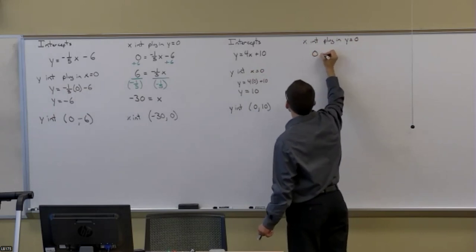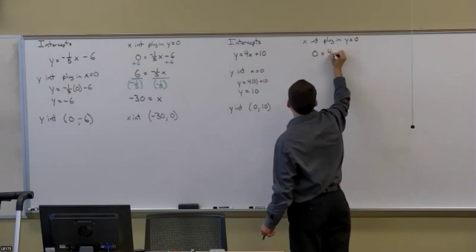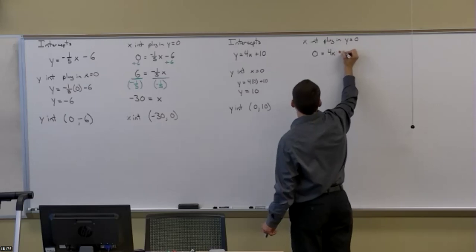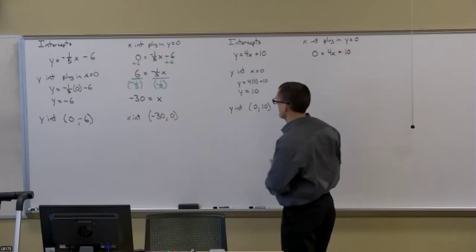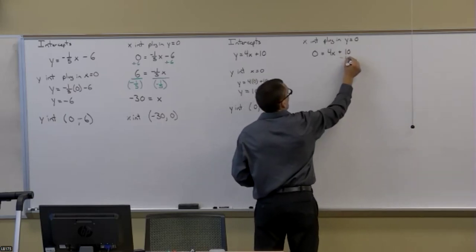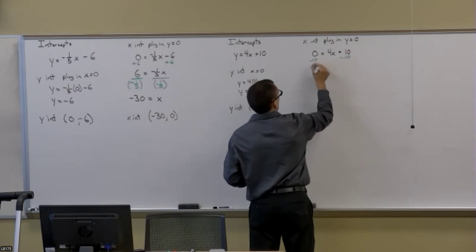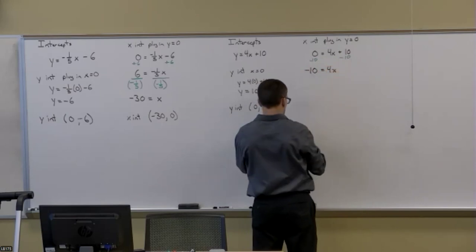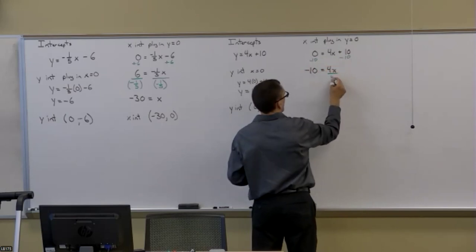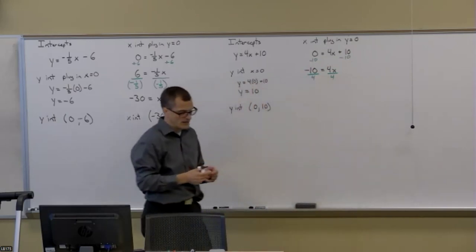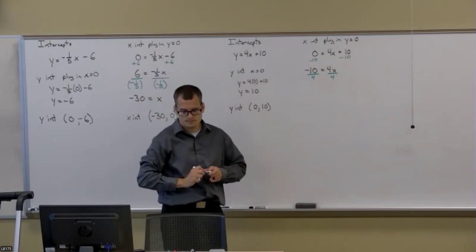If I'm looking for the x-intercept, I have to solve the equation 0 is equal to 4x plus 10. So I would subtract 10 from both sides. And then divide by 4. Divide both sides, that is, by 4.